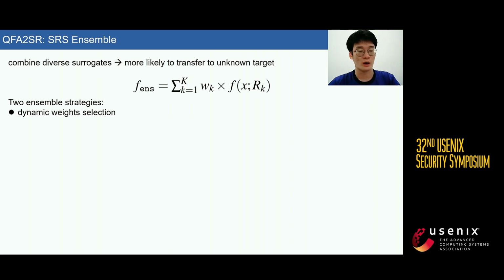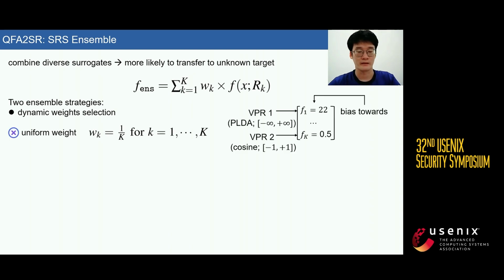The first one is the dynamic weight selection strategy. To combine multiple surrogate systems, we need to specify the ensemble weight WK. A simple way to do this is to use uniform weights. However, this is not feasible for speaker recognition. Different surrogate systems may use different scoring methods, such as PLDA and cosine similarity. As a result, the scale and range of the losses of different surrogate systems may be significantly different.